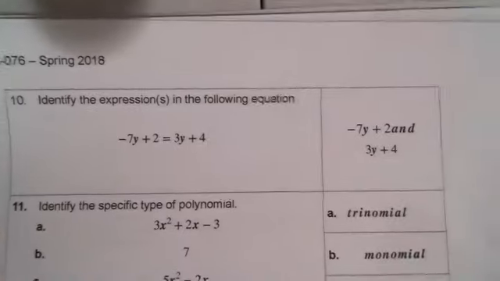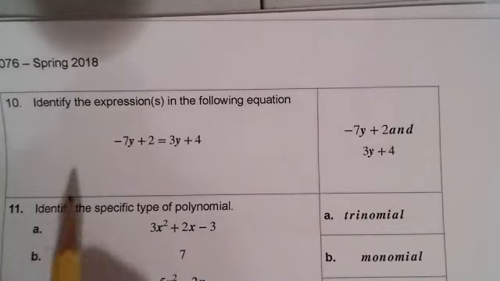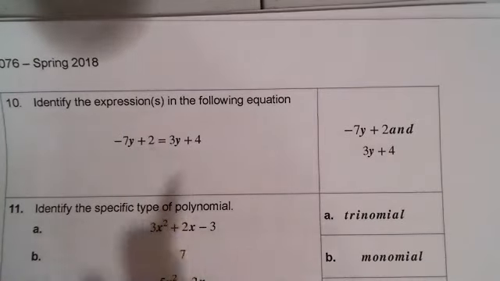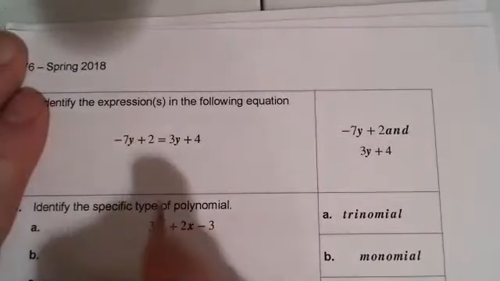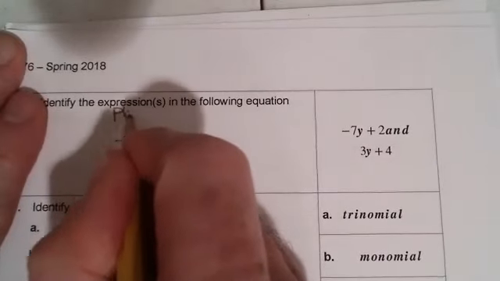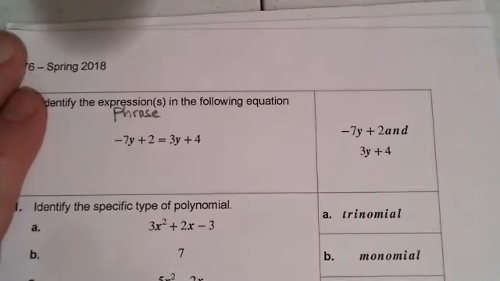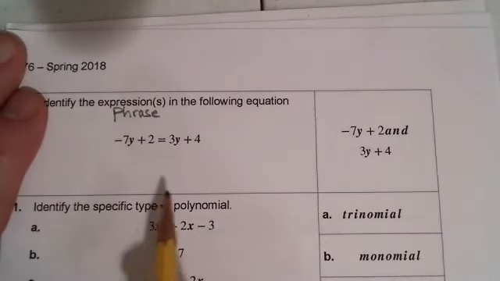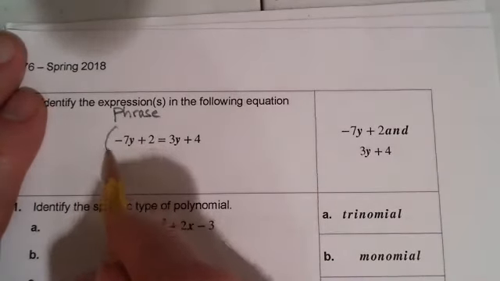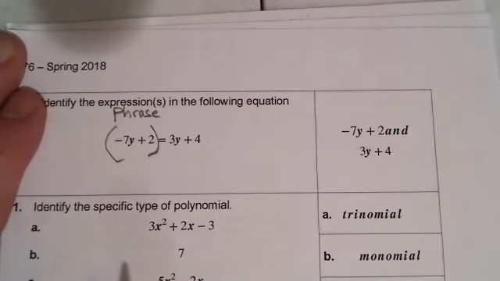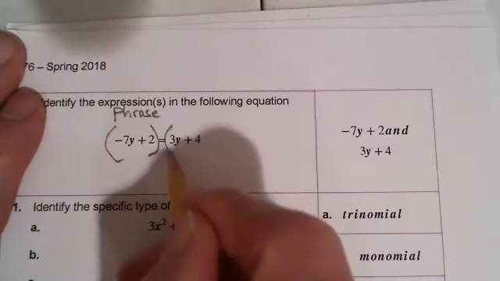We talked about expressions and equations, and here they're asking you to identify the expressions. Now, I kind of compared an expression to a phrase. It's like half of a sentence. And so these are the two expressions right here. That's an expression, and this is an expression.